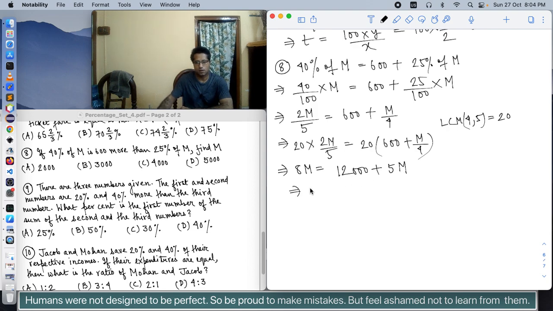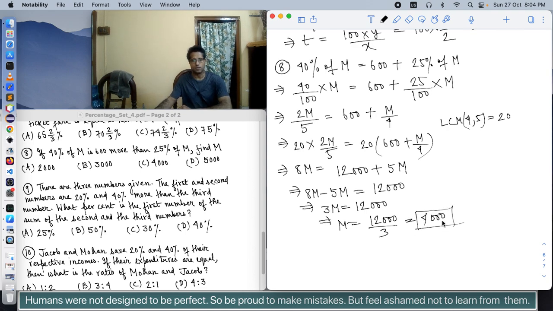Now 8m minus 5m is equal to 12,000. This implies 3m is equal to 12,000, so m is equal to 12,000 divided by 3, which is 4,000. So m is 4,000, and hence the correct solution is C.